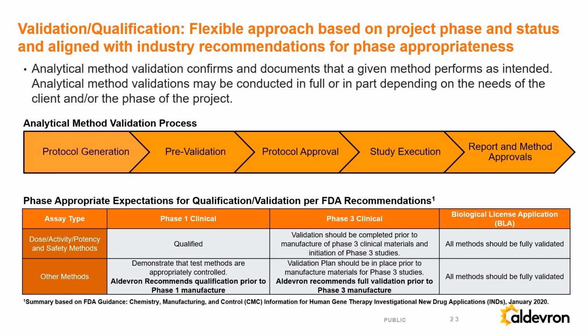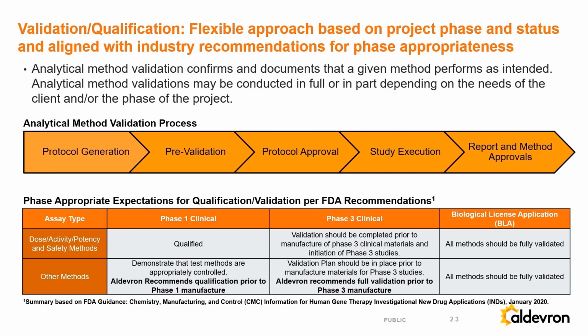If we use that definition in the context of what the FDA recommends for phase appropriate qualifications and validations, it makes a bit more sense. When we say a qualified method for early phases, we're really just meaning the method needs to be suitable and fit for purpose. So we don't need the full method validation process.